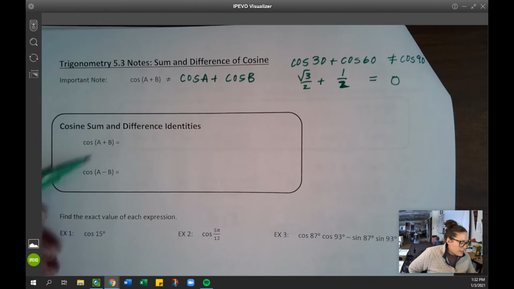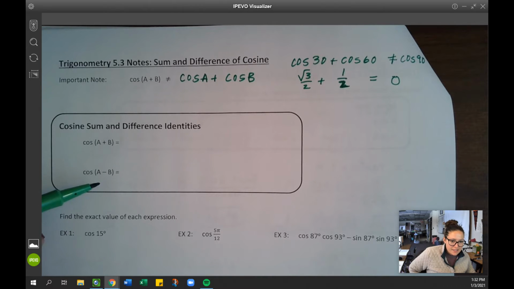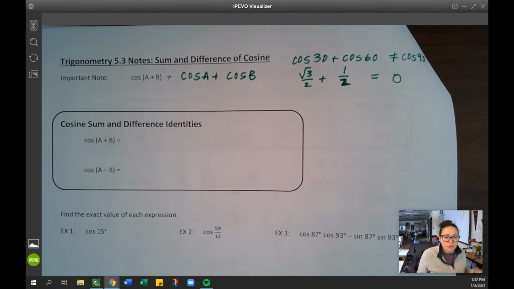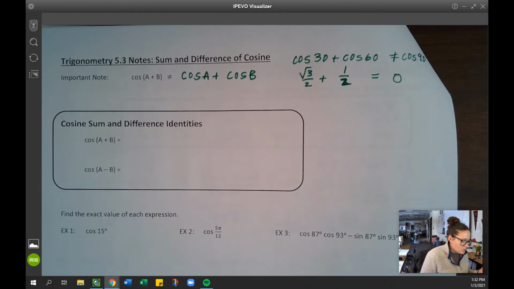So really the major thing is if you know what the identity is, then a lot of these are just kind of using the formula, plugging things in, so to speak.